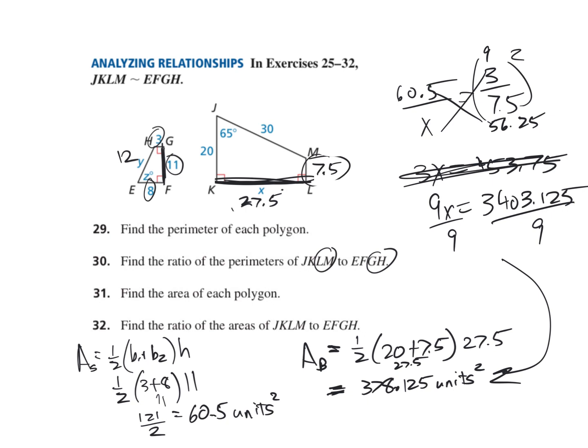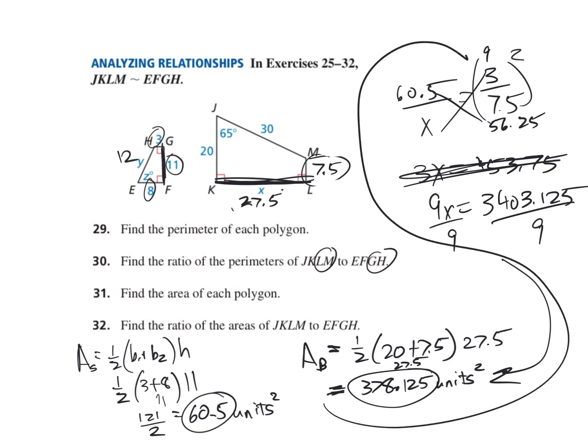All right, next one. We need to write the ratio of the areas. So 60.5 over 378.125. Remember, that's the same as your side length squared, 9 over 56.25, or 56.25 over 9, depending on which way you're going to write it.